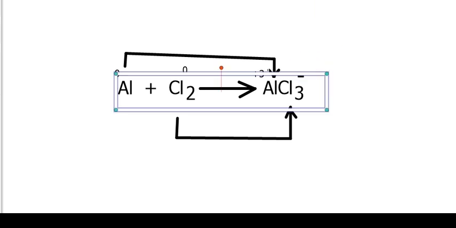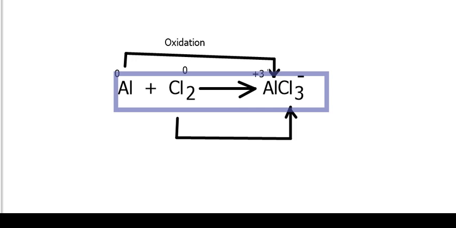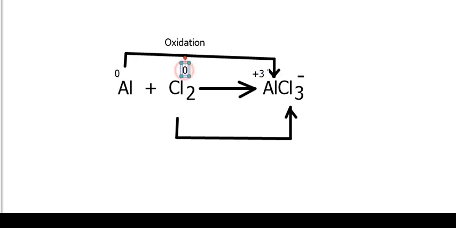So from the reactant side to the product side of the reaction, the oxidation number of aluminum increased from 0 to +3. Because of the increase in oxidation number, we will say aluminum has been oxidized. So that reaction is oxidation. On the other hand, if you check the chlorine, it has reduced from 0 on the reactant side to -1 on the product side.